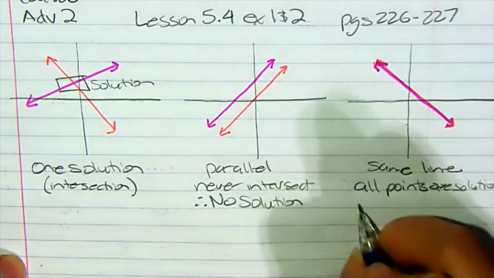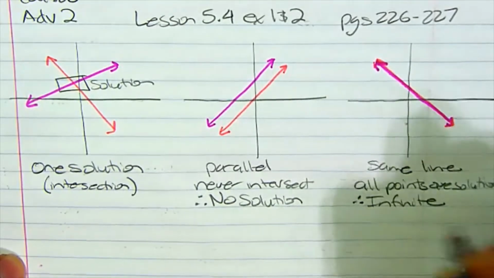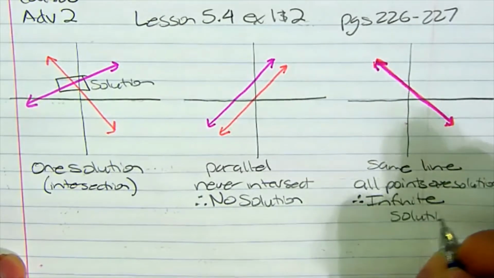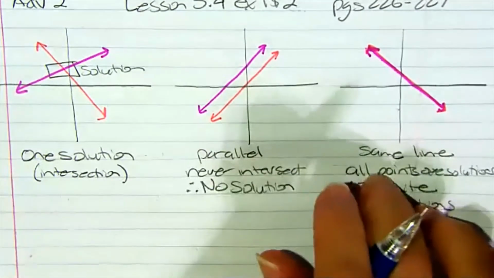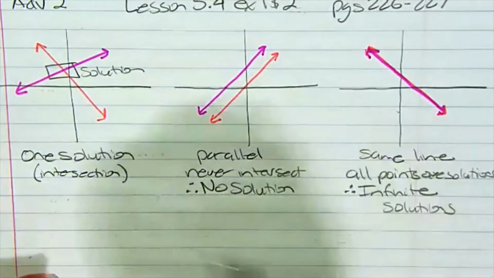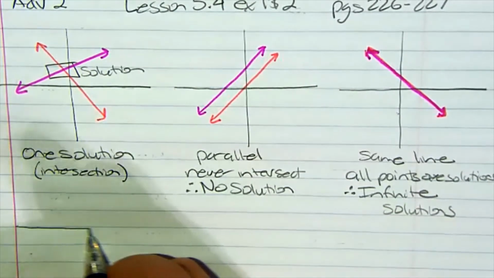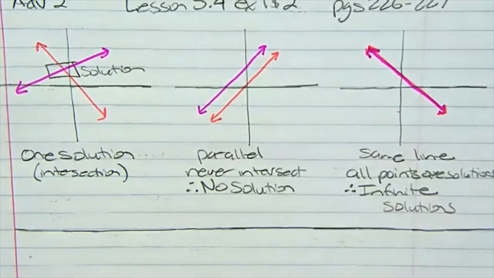Therefore, this has infinite solutions. Okay, so this is kind of a good anchor chart to hold on to. So let's take a look.